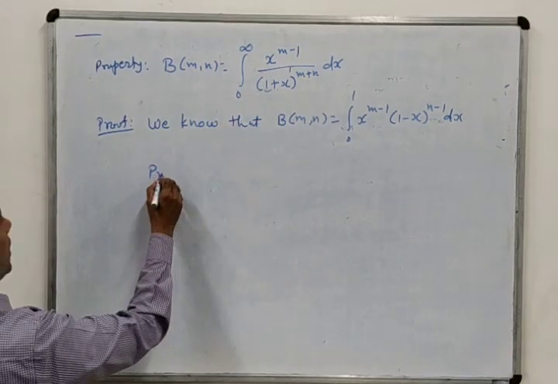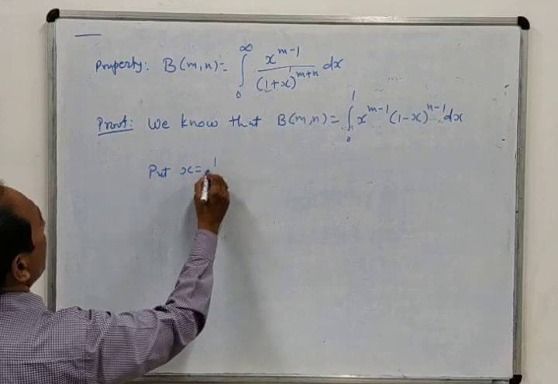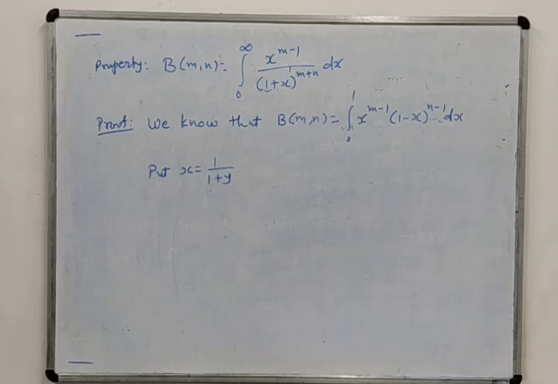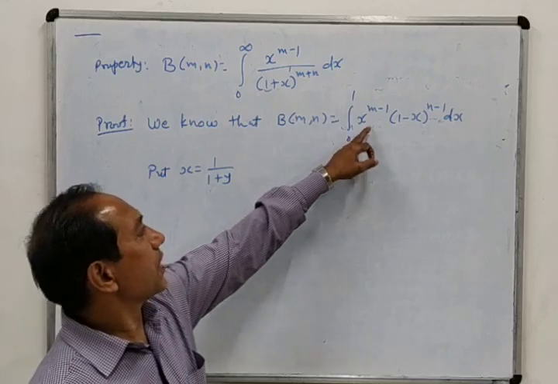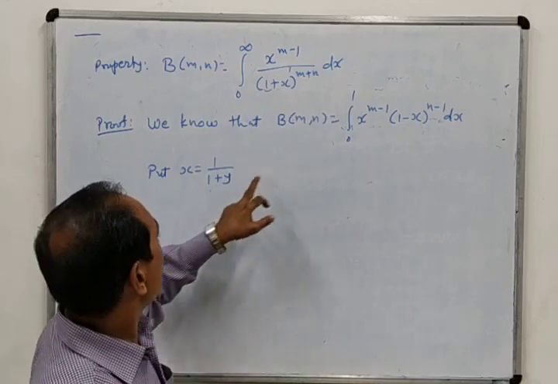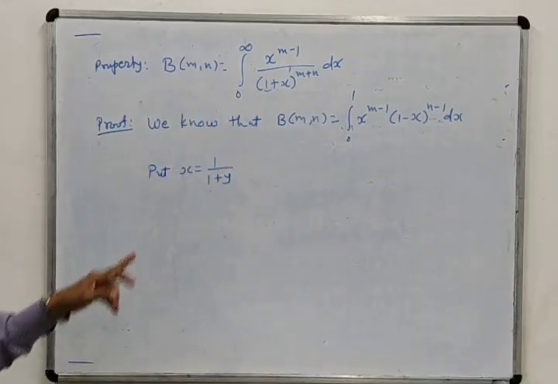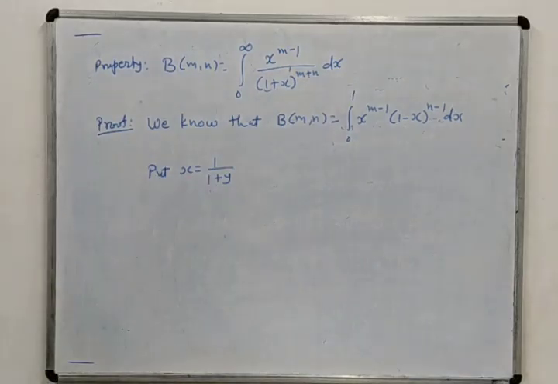So we will put here x equal to 1 upon 1 plus y. Okay? Actually this is the substitution. We cannot imagine directly from these two results, but it is assumed and we derive this result. So you must remember this substitution.